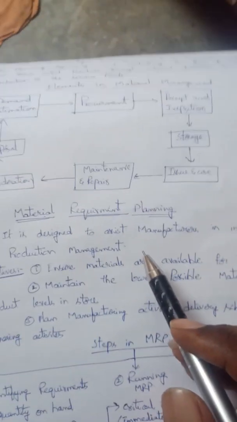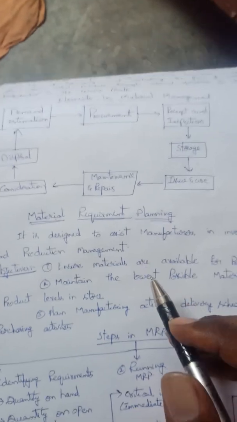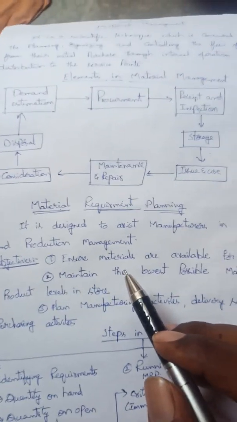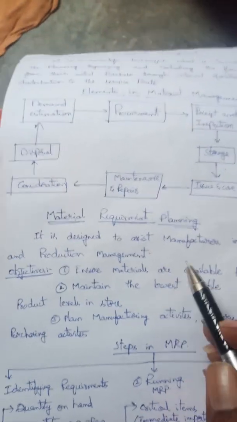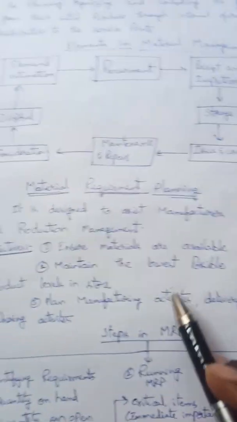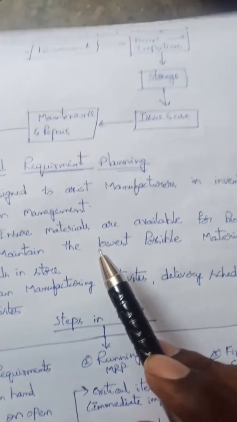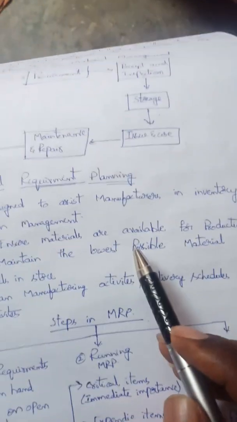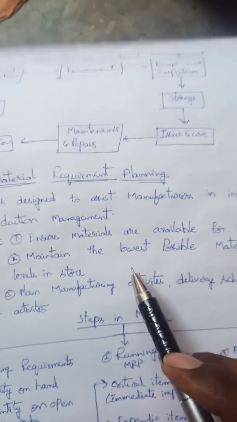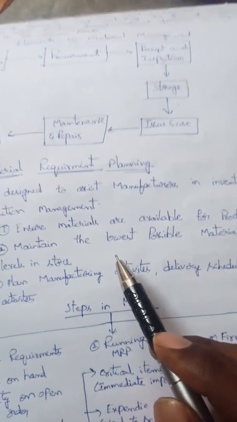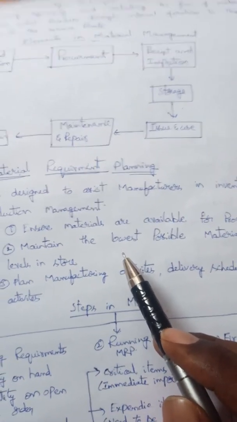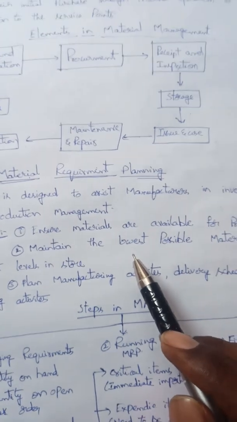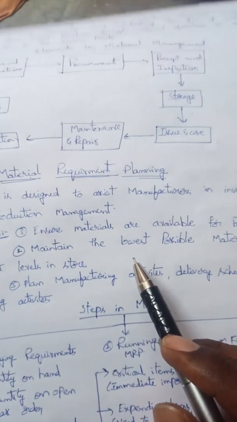It means that production management should identify how much raw material is required in a production process. So the objective of MRP, material requirement planning, is that the availability of production is identified as per how much production level is required. As per their requirement, they can maintain effective material requirement planning.